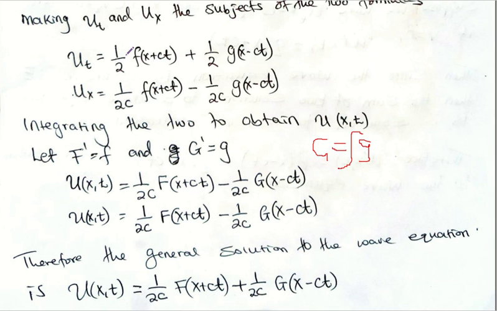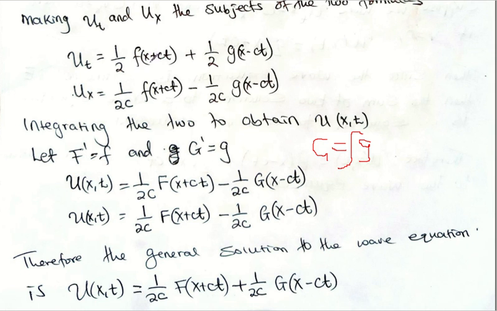Now, with the first one, when we integrate, we get u of x,t will be 1 over 2c F of x plus ct. You will realize we only had a half, and at this point we get 1 over 2c. This function f of x plus ct has another function, ct, inside it.